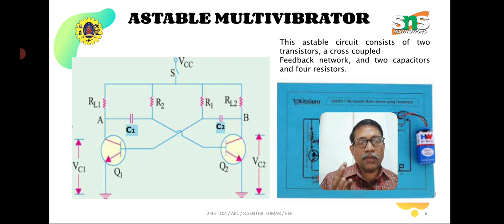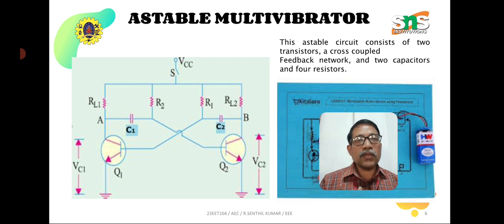Now see the circuit. It consists of 2 transistors. The 4 resistors R1, R2, RL1 and RL2 act as biasing resistors for the transistors, particularly R1 and R2.